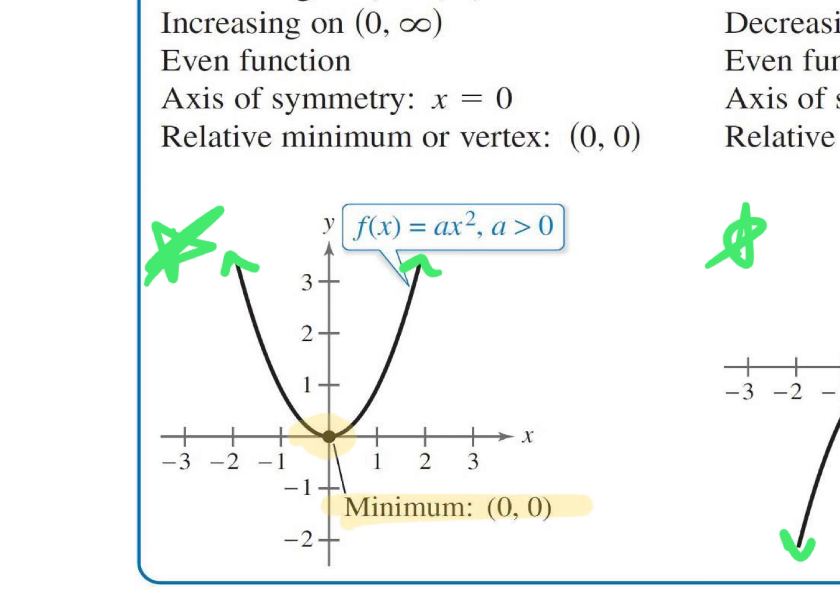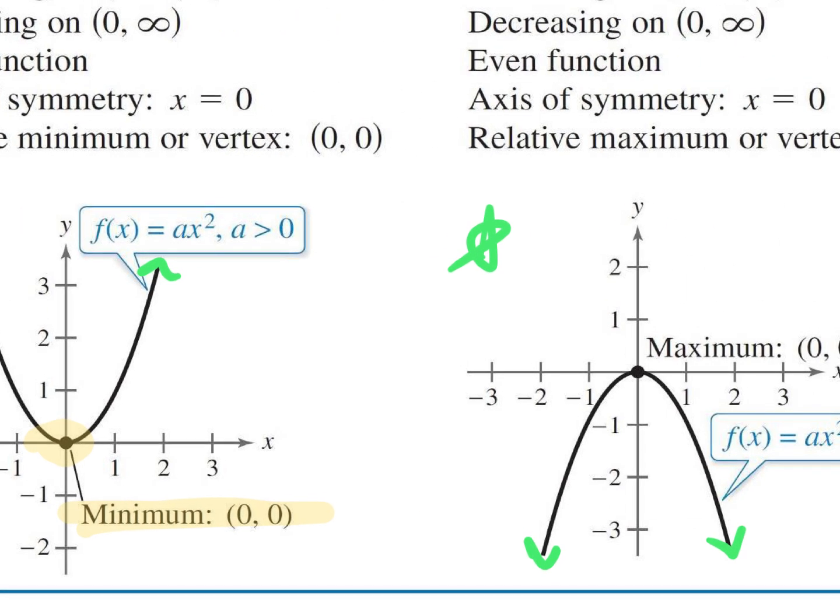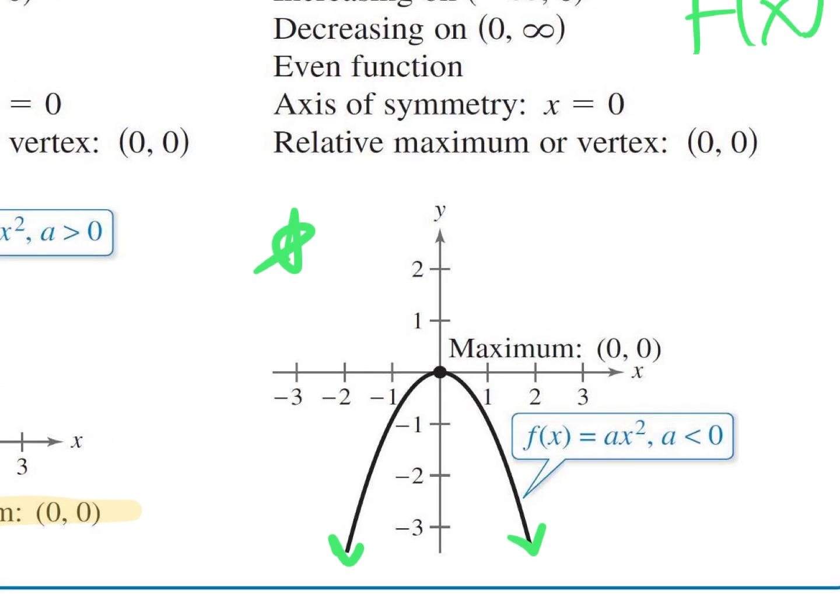What does the word minimum mean? Lowest, the least. There's going to be a point on a positive parabola that is the absolute lowest. Conversely, if you have a negative parabola, you're going to have something called the maximum point. It's the highest that it goes.